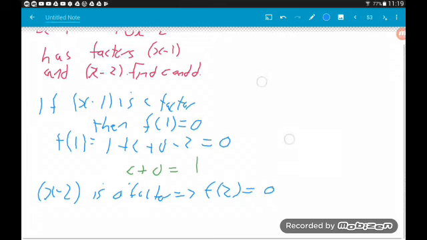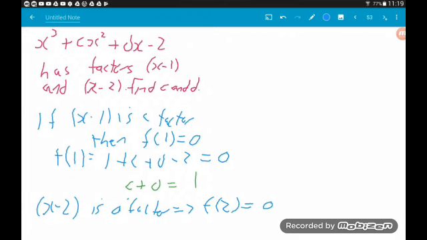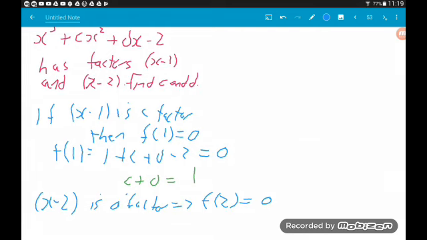We're going to get f of 2 is going to be 2 cubed. 2 cubed is 8.